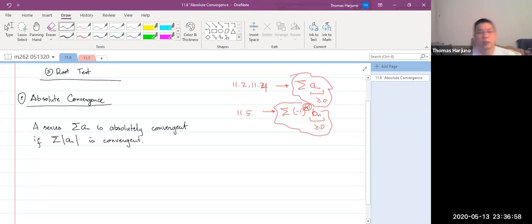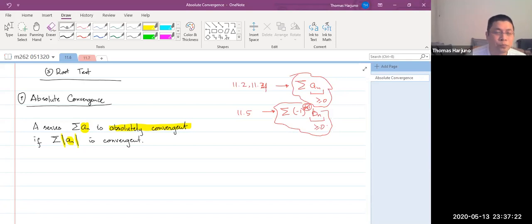Okay, that's the definition. It's absolutely convergent if you place absolute value on the terms in the series, and it is convergent.